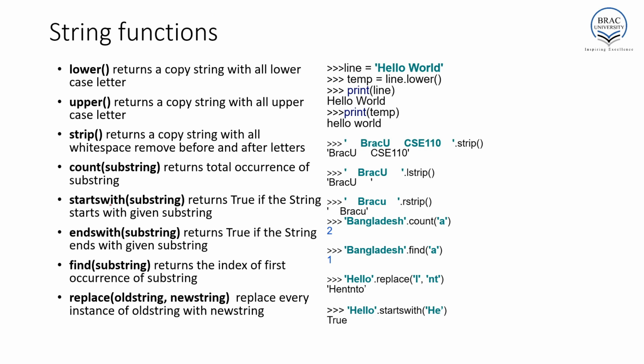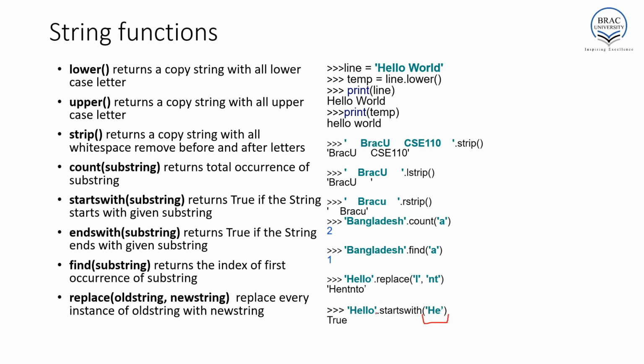In the fifth function, which is called startswith, we give a substring or a part of the string as an argument, and this function returns true if the string starts with the given substring. Let's look at an example. In this example, I invoke the startswith method on the string hello, and as a function argument I pass in capital letter H and small letter e.